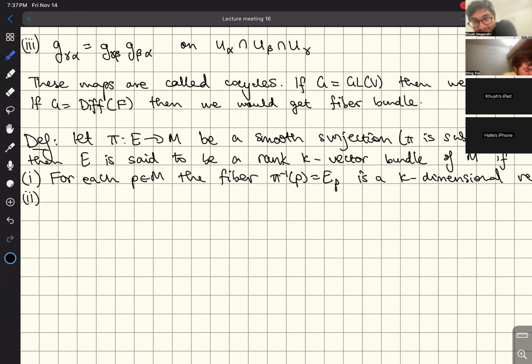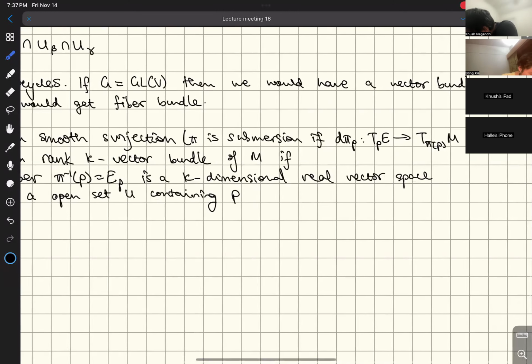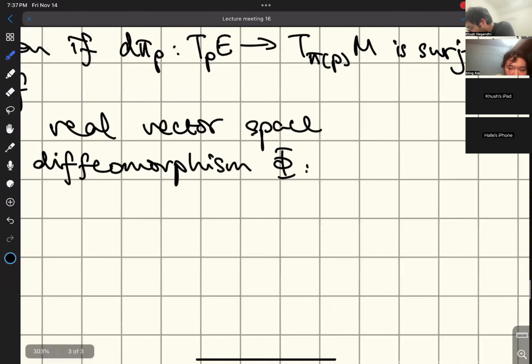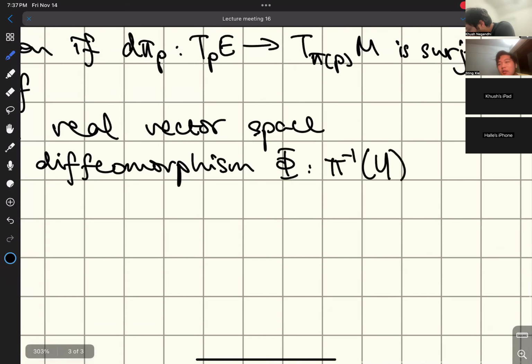And another thing is, for each p in M, there is an open set U containing p and a diffeomorphism phi from the preimage of U into U cross R^k.